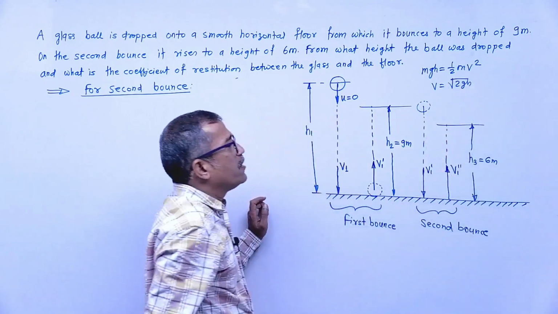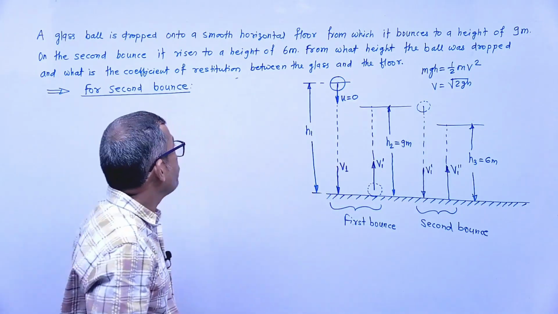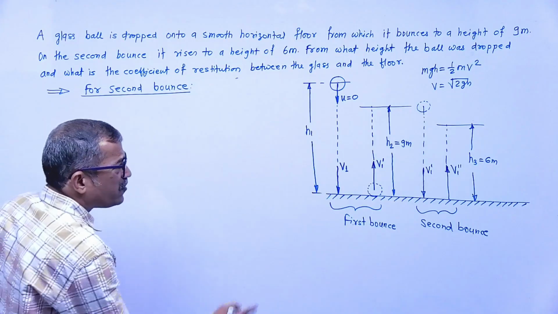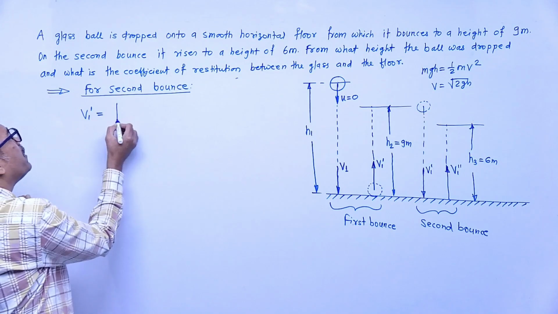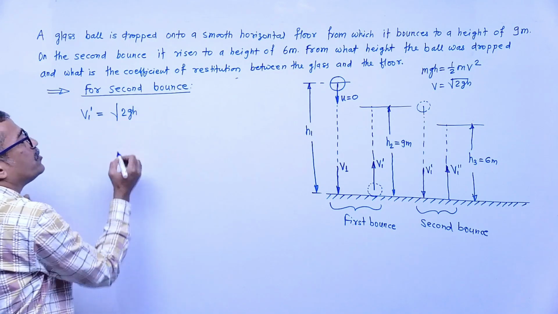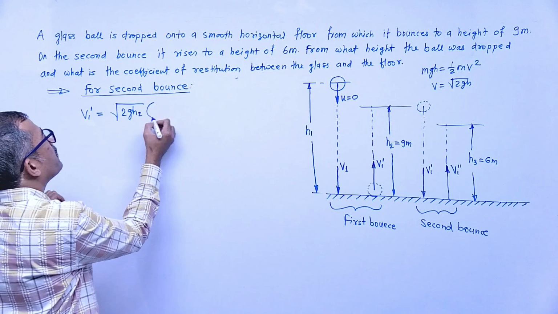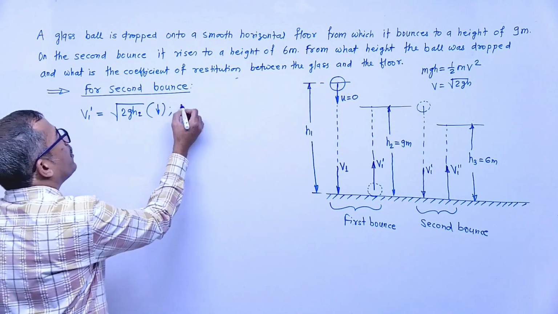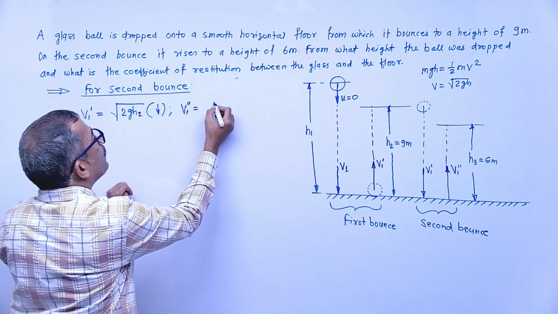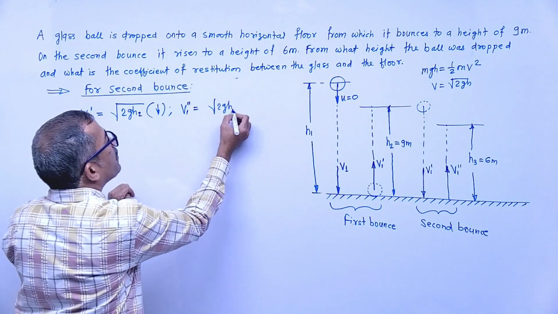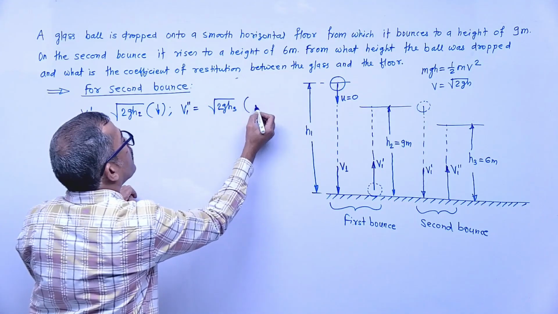Any body dropped from some height h attains a velocity root of 2gh. Now for the second bounce, V1 dash is root of 2g h2, direction downward. And V1 double dash is root of 2g h3, direction upward.